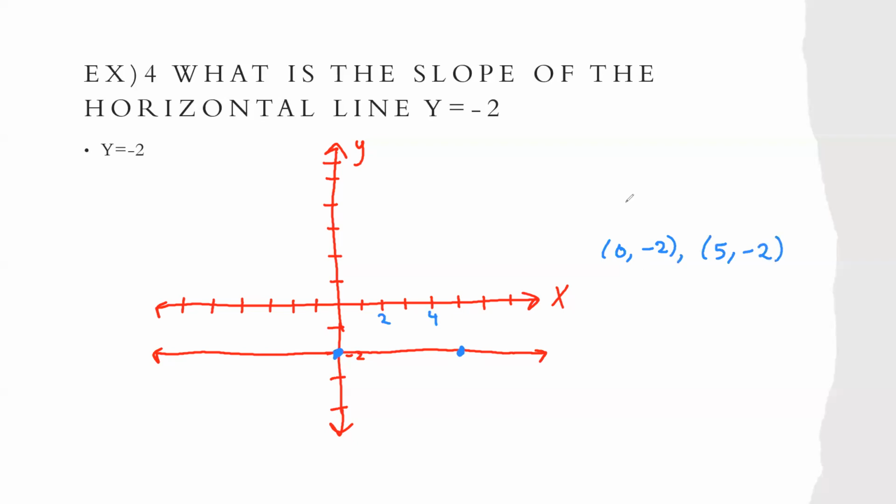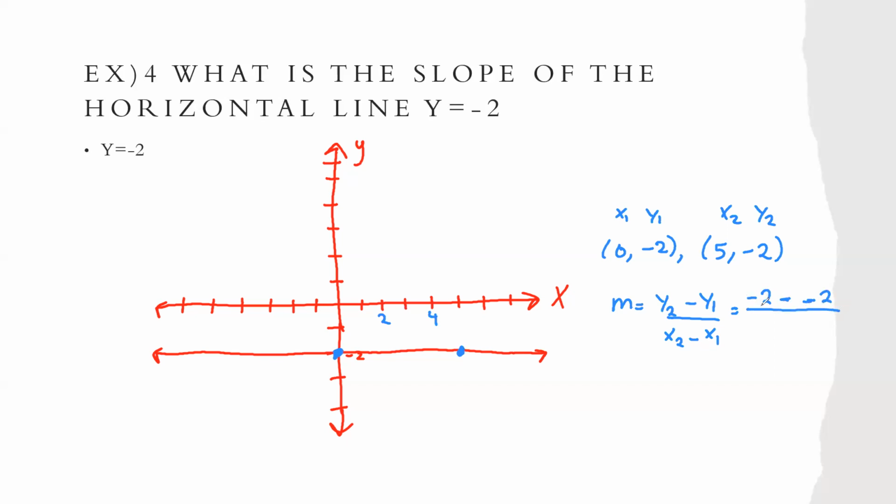Okay. Now label the first one x1, y1, label the other one x2, y2. So slope is y2 minus y1 over x2 minus x1. So my y2 is -2 minus my y1 is -2. So careful, it's minus a -2.